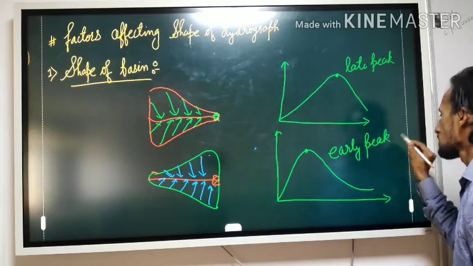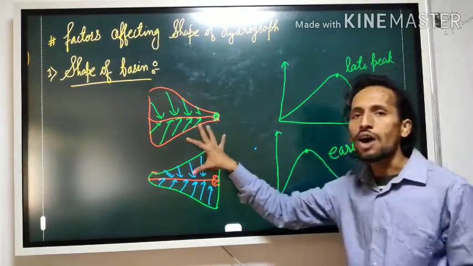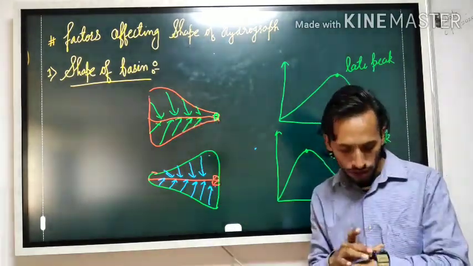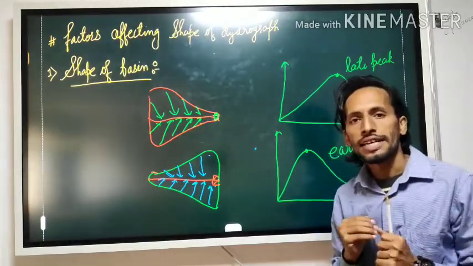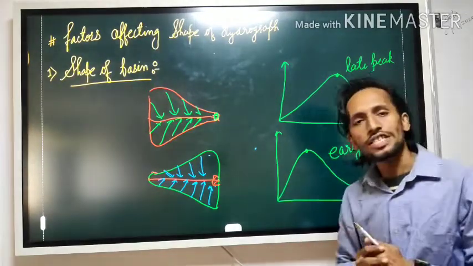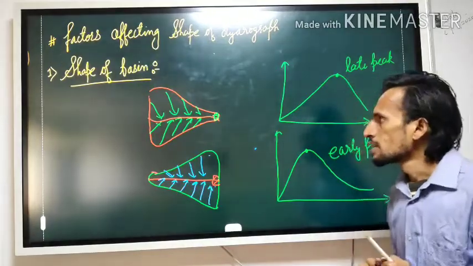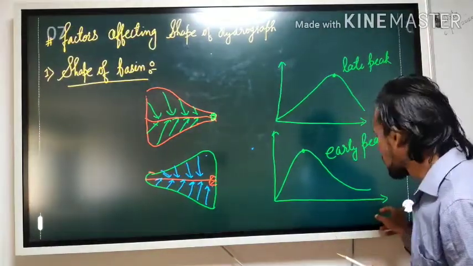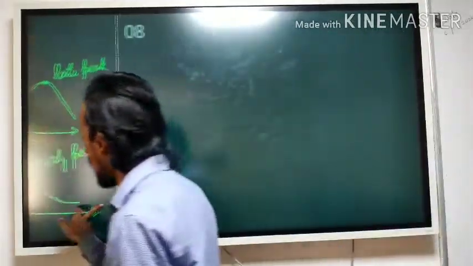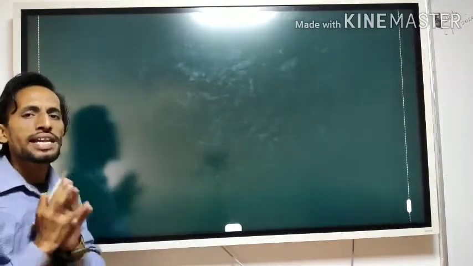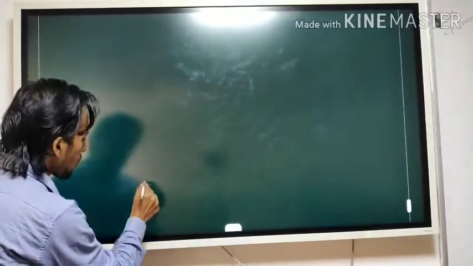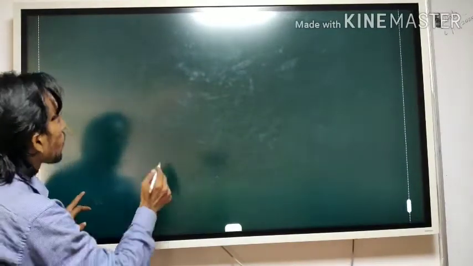So it all depends on the shape of your catchment area, or the shape of the basin. Then what can be other important things, or what is the other possibility? There can be a number of possibilities. We are just listing a few of them.